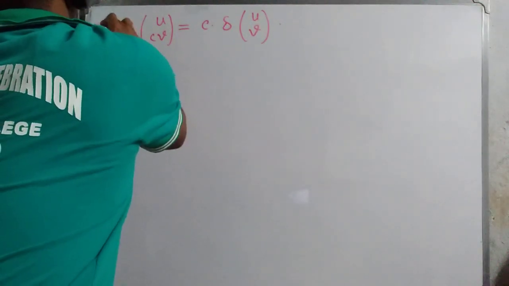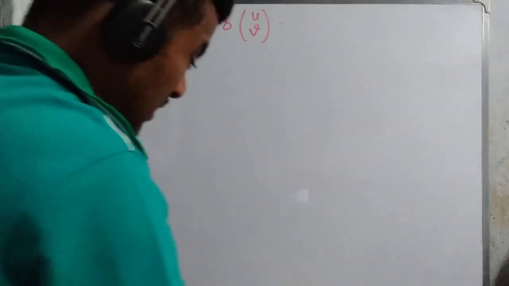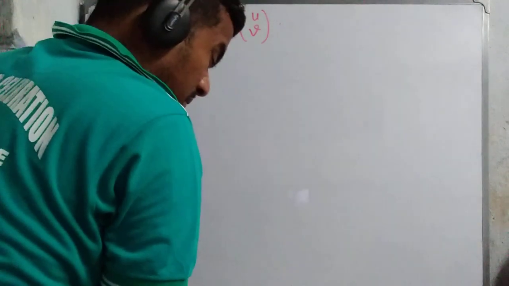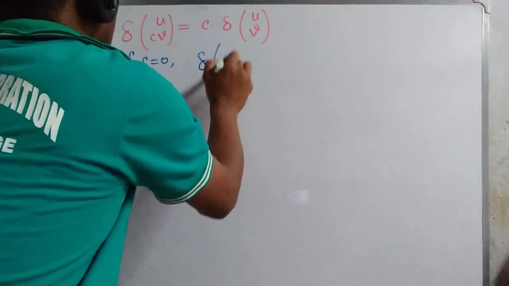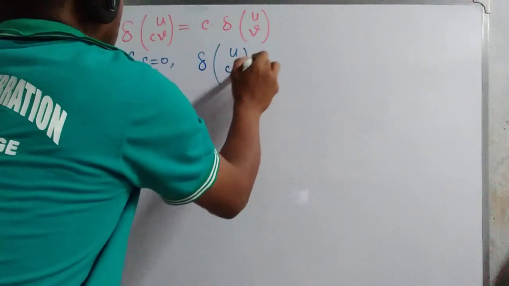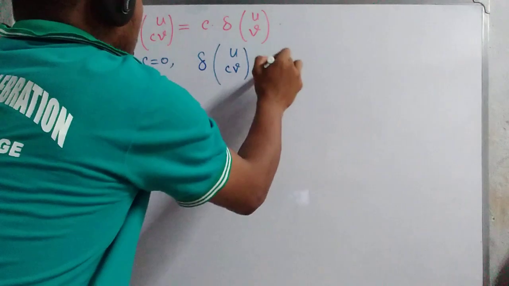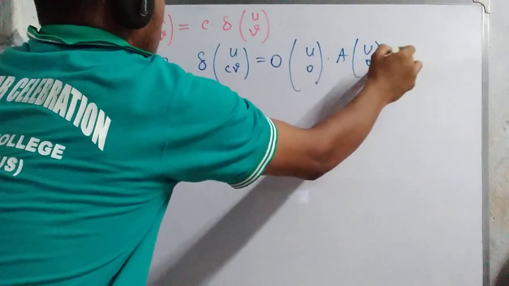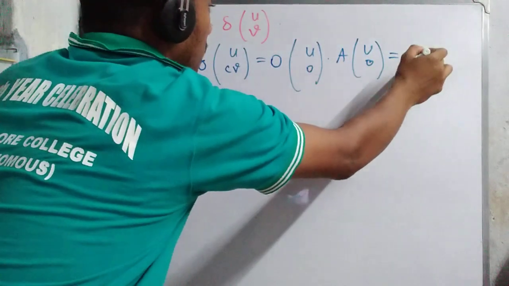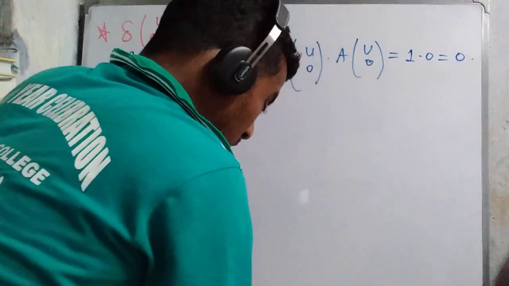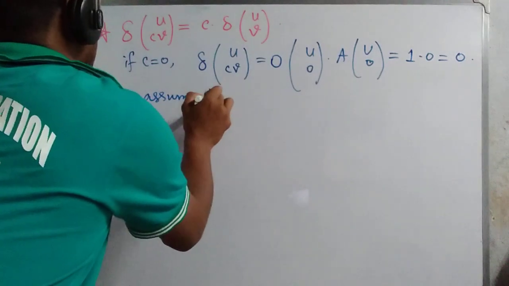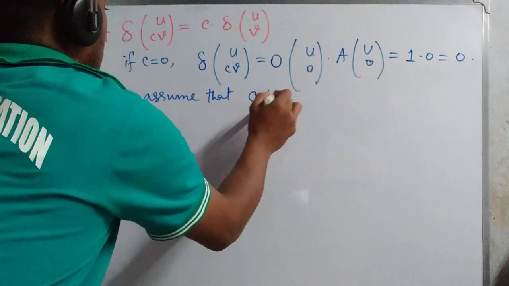If C equal to 0, then not a problem at all, because the orientation of (U,0) equal to 0. So we assume that C is not equal to 0.